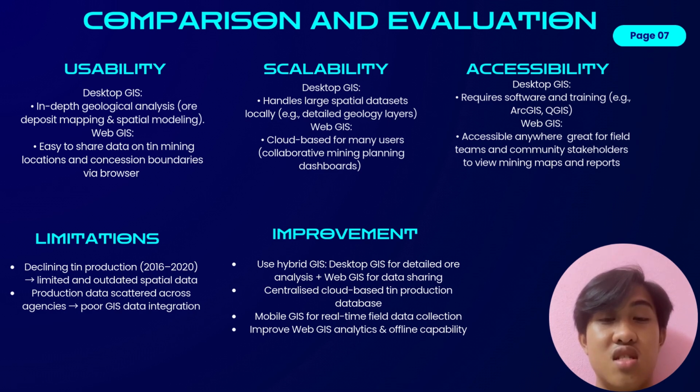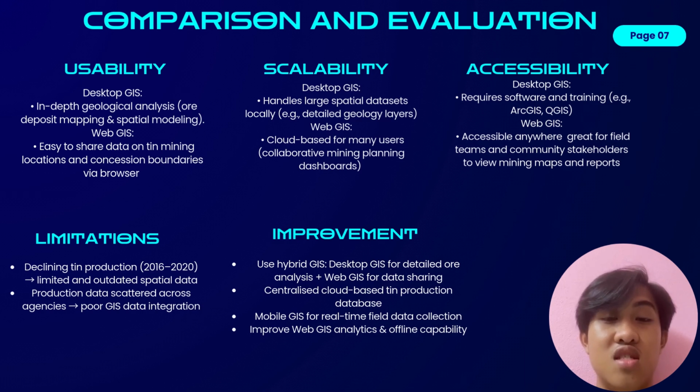To address this, several improvements are suggested. A hybrid GIS approach can be used, where desktop GIS handles detailed ore analysis while WebGIS supports data sharing. A centralized cloud-based tin production database should be developed, supported by mobile GIS for real-time field data collection, and improved WebGIS analytics with offline capability.